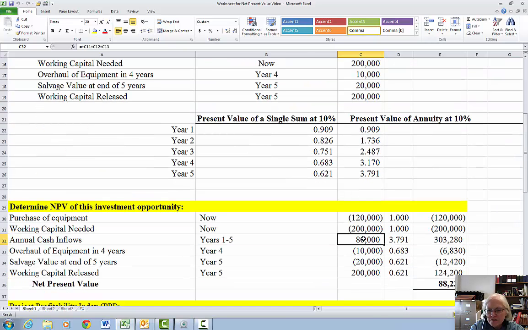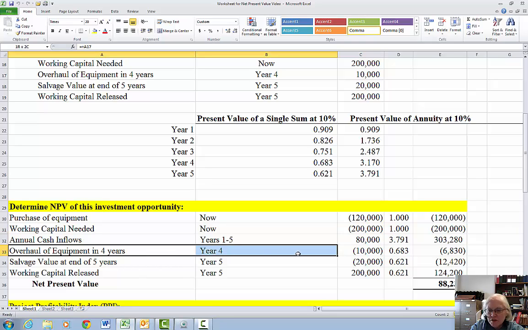My $80,000 net cash inflow times the 5-year annuity factor, 3.791, gives me $303,280. That's today's value of $80,000 received every year for 5 years.